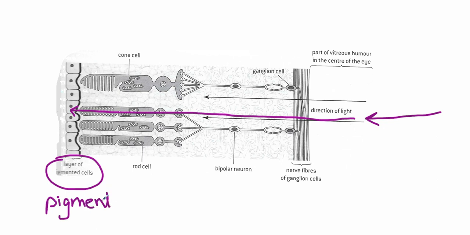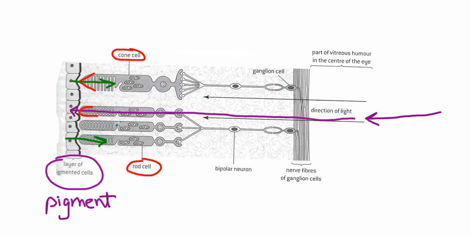Attached to the pigment cells are the two types of photoreceptors, called cones and rods. You can see that they look kind of different. The cones are conical, with a little peak like this, and the rods are just rounded off. Rods for rounded, cones for conical. Light gets bounced off of the pigments, and it then goes back toward the front of the eye.